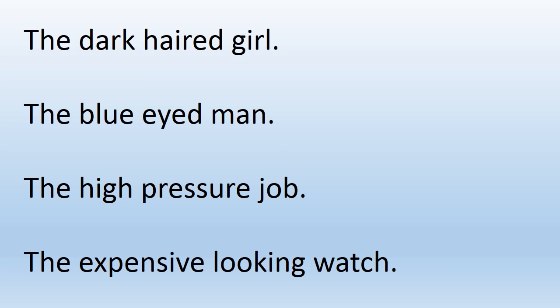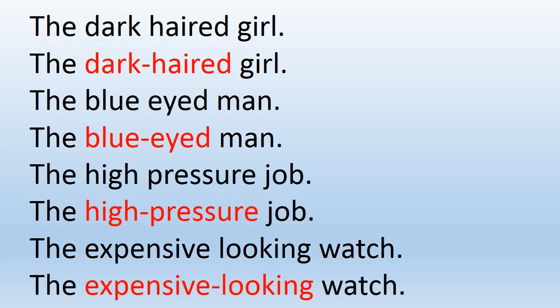So this is where we would use a hyphen to take those two adjectives and combine them to make one singular adjective. The dark-haired girl. Now that hyphen makes dark and haired join together as one description, dark-haired, meaning now her hair is dark.